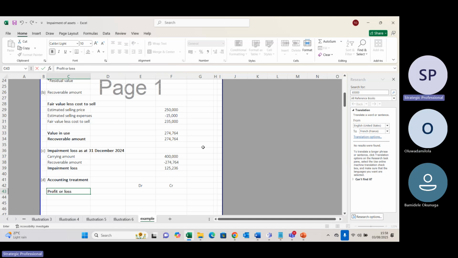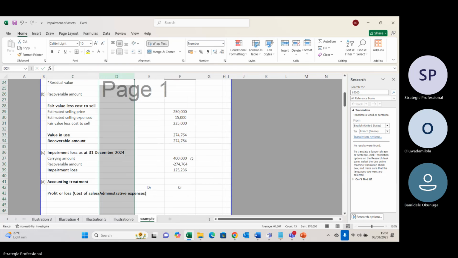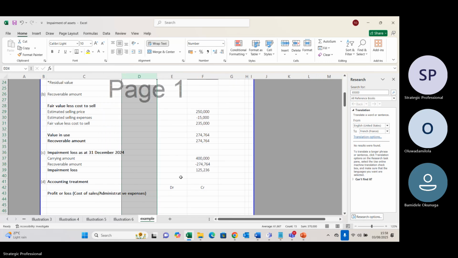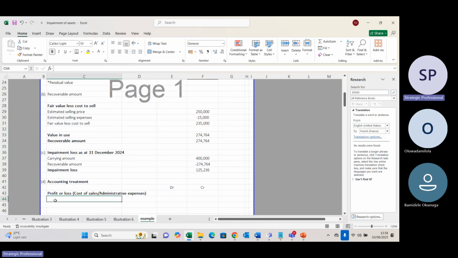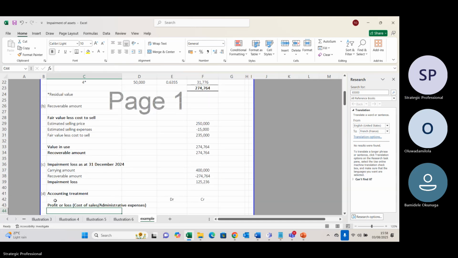And we said it can either be cost of sales or administrative expenses, depending on the assets. And credit asset account.